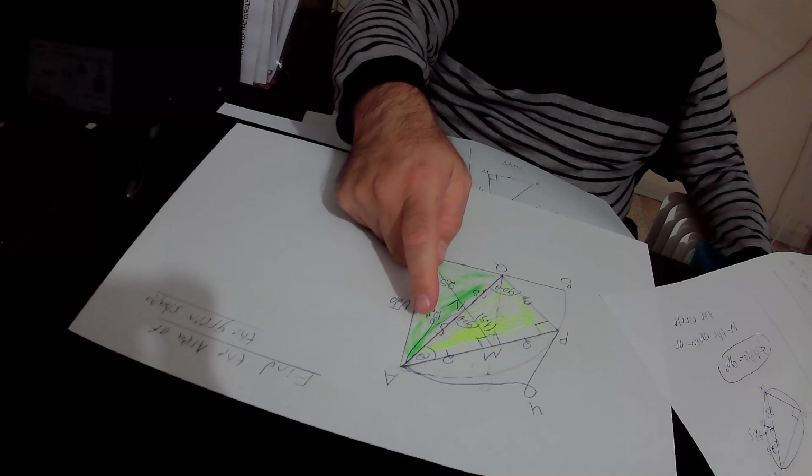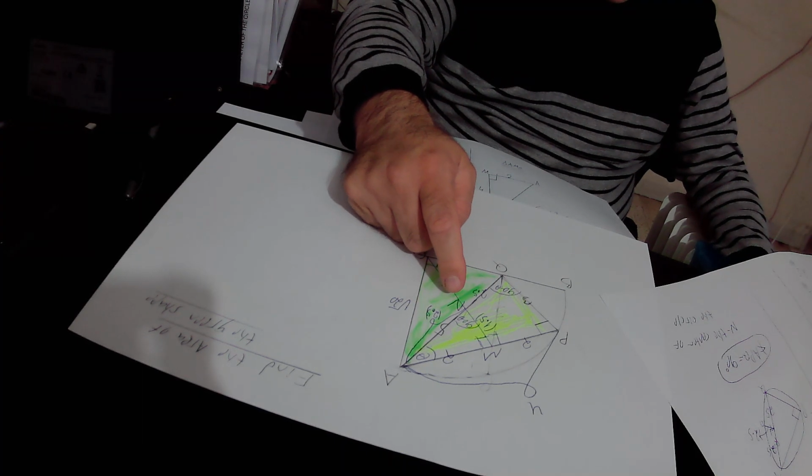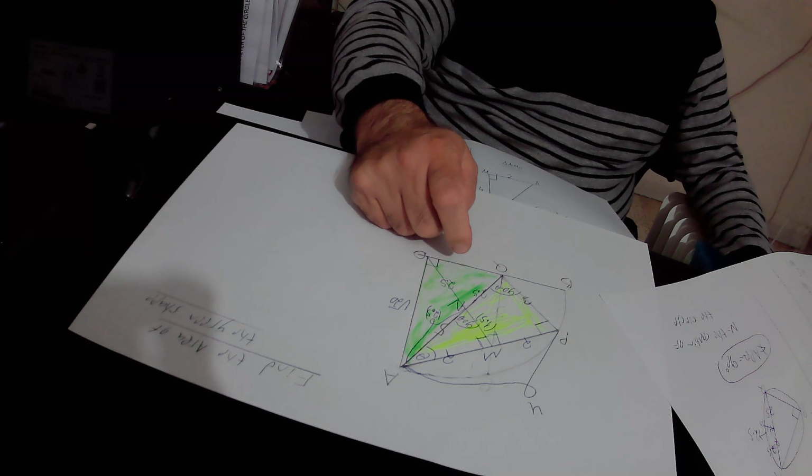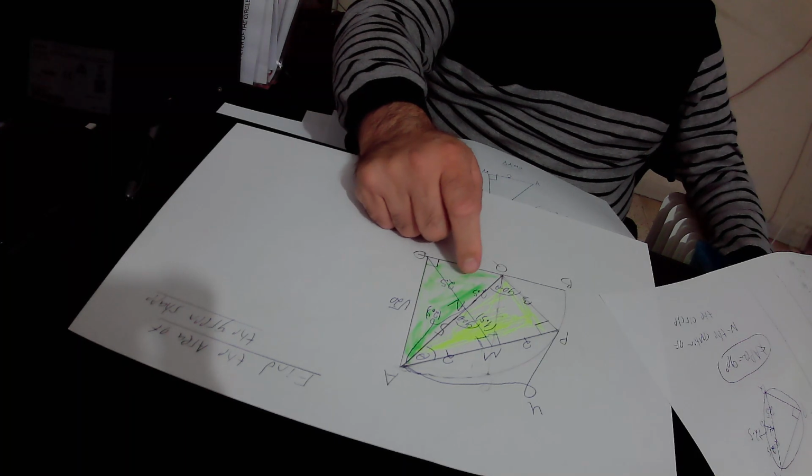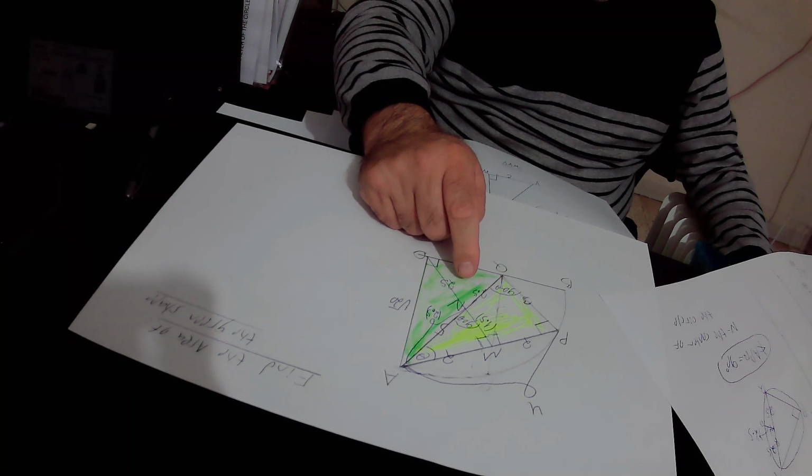Again, because AN is the radius of the circle, N must be the center of the circle, and therefore NQ must also be a radius of the circle.